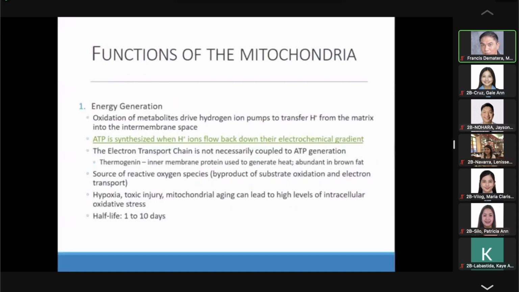The mitochondria are also a source of reactive oxygen species, which are a byproduct of substrate oxidation and electron transport.